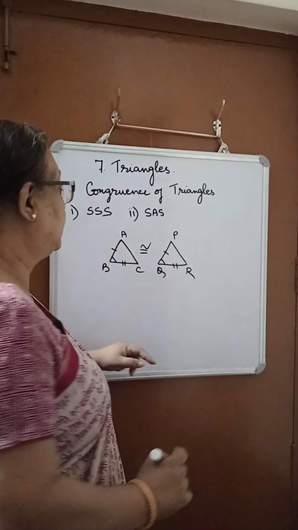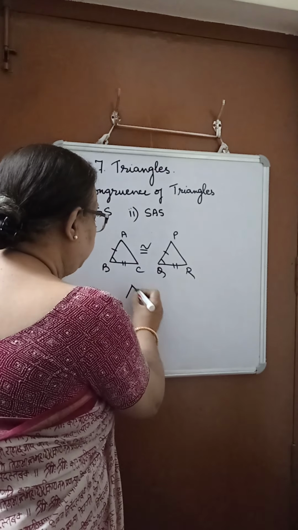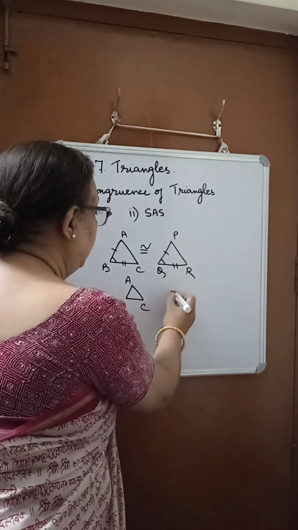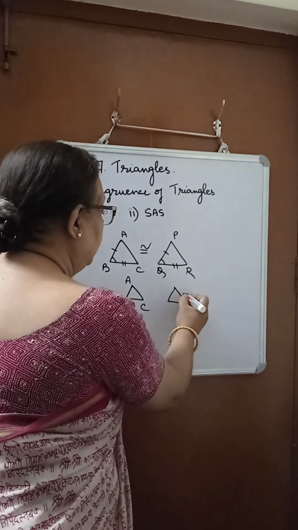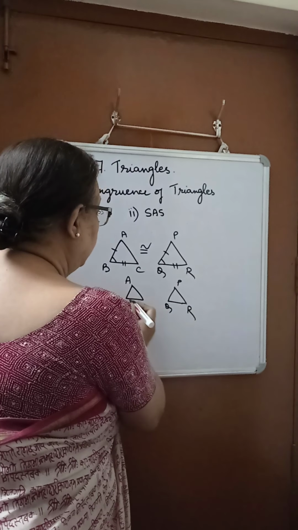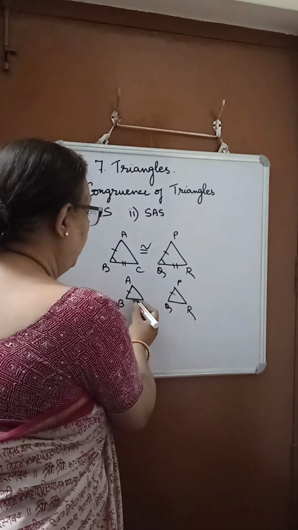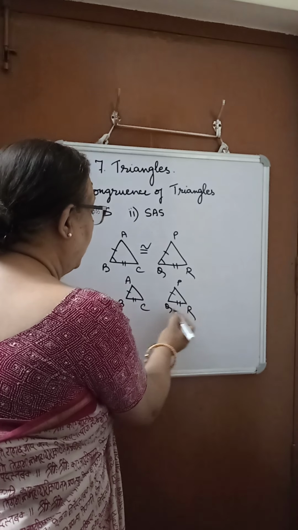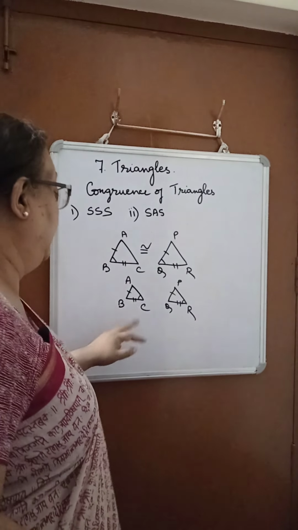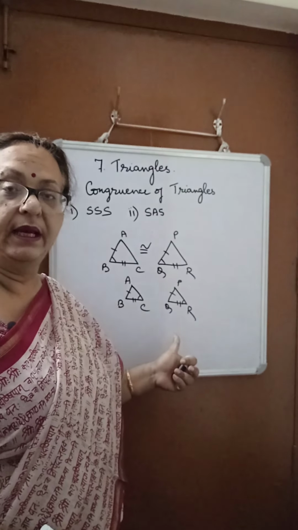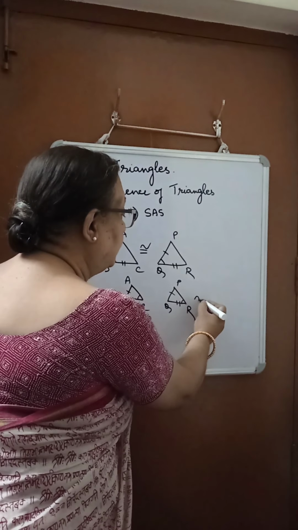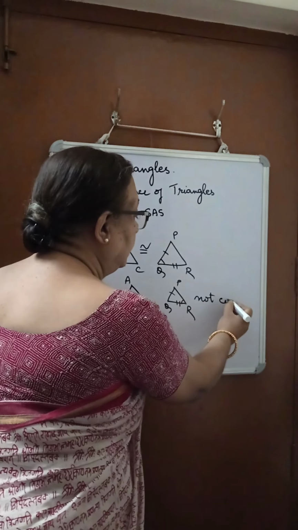Now suppose in this case, this is triangle ABC and PQR. Suppose AB is equal to PQ, BC is equal to QR, and suppose this angle C is equal to angle R. Here also we have two sides and one angle, but here the triangles will not be congruent.